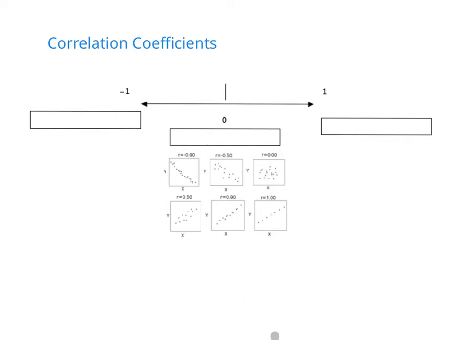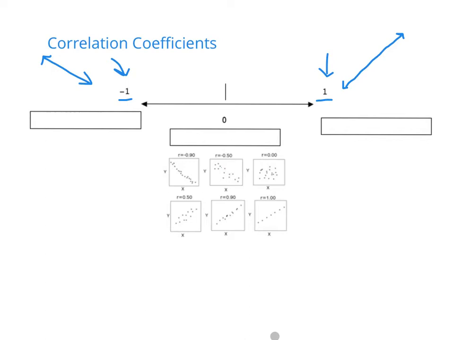All right, so the correlation coefficient, the number that we give to describe the correlation of a scatter plot, is a number between -1 and 1. If the correlation coefficient is exactly 1 or -1, that means it is a perfect linear function, a perfectly straight line. 1 is increasing and -1 would be decreasing.